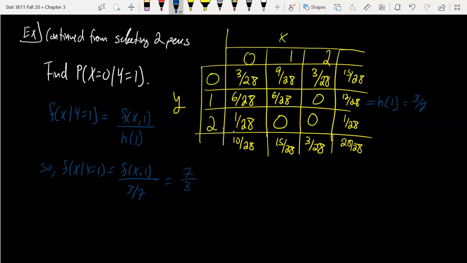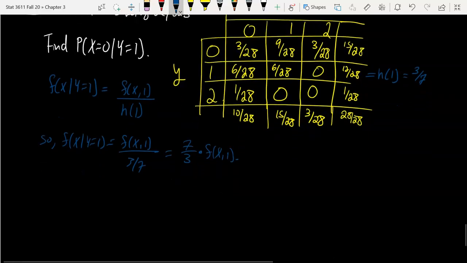So the conditional distribution is 7/3 times f of x comma 1. And in fact, this is a distribution, so we can say that this is good for x equaling 0, 1, or 2.